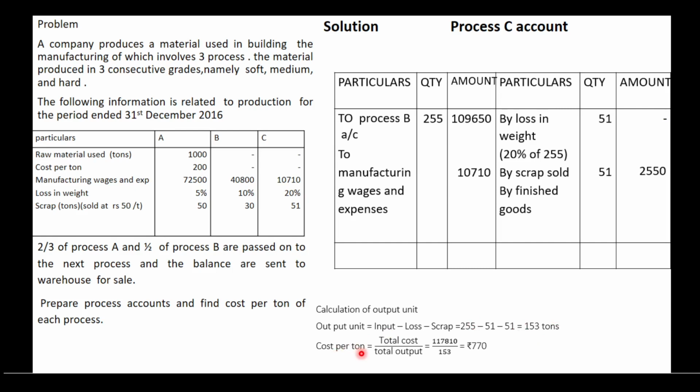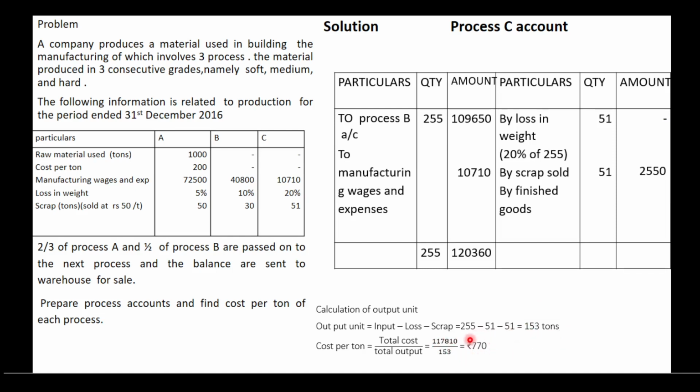And the cost per ton, that is the total cost divided by total output. The total cost is 1,20,360 minus scrap sold, that is 2,550. So now the total cost is 1,17,810. So it is divided by total output units, that is the 153 tons.